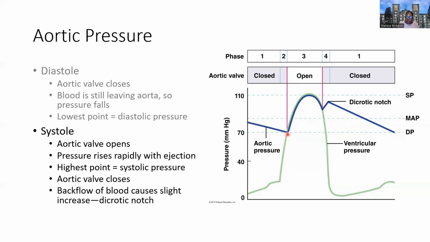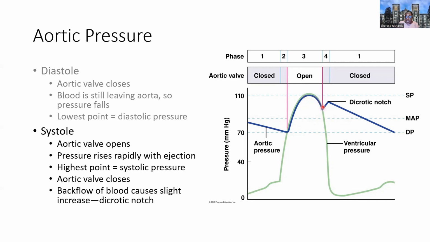Pressure is going to rise as the ventricle contracts, but then rapidly drops off as the blood is ejected. Now, here we can measure the very peak of phase 3 or ventricular systole. We can record the systolic pressure. It's the highest pressure recorded in the ventricle, and that is at the peak of phase 3.